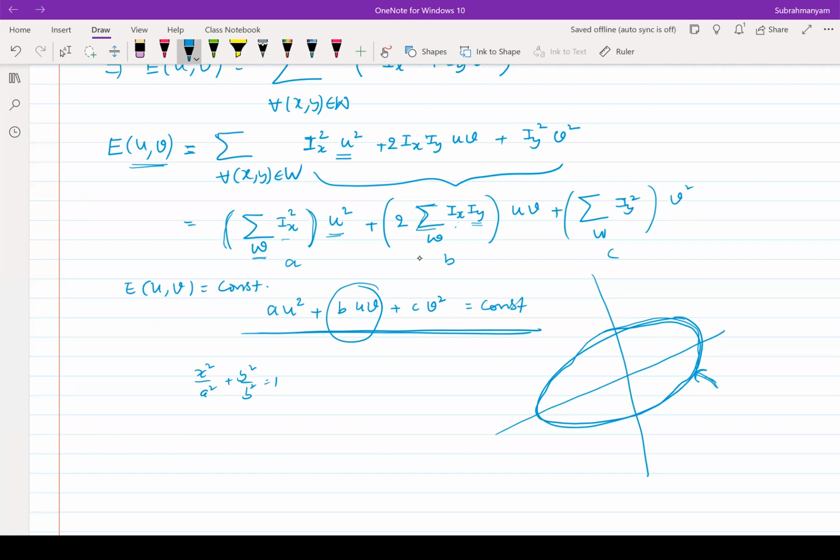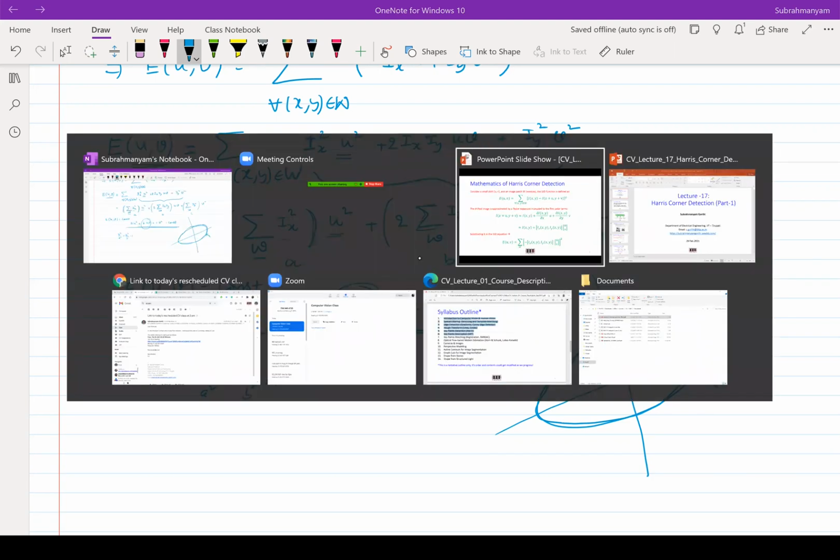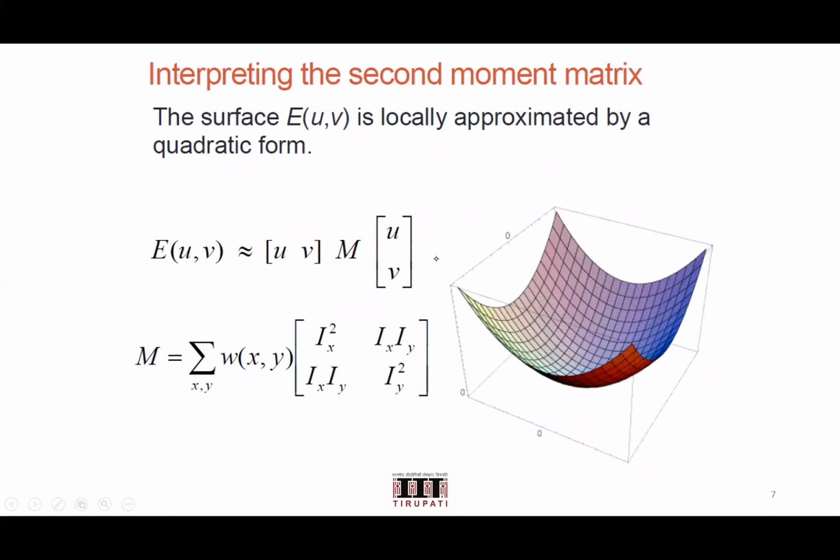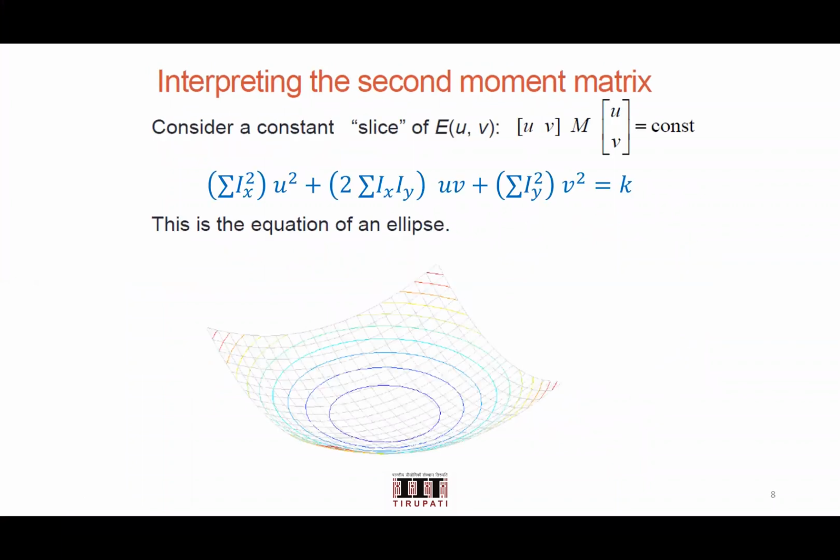So the shape that you are going to get is something that looks like this. You will have one shape here, you consider another value and take the samples of it, and the whole thing you can now visualize, how it would look.